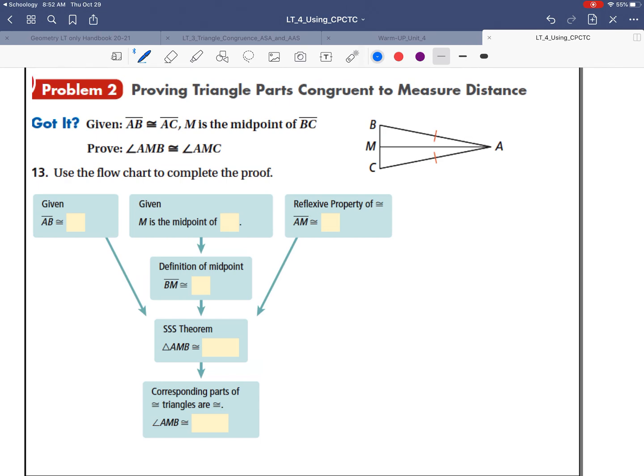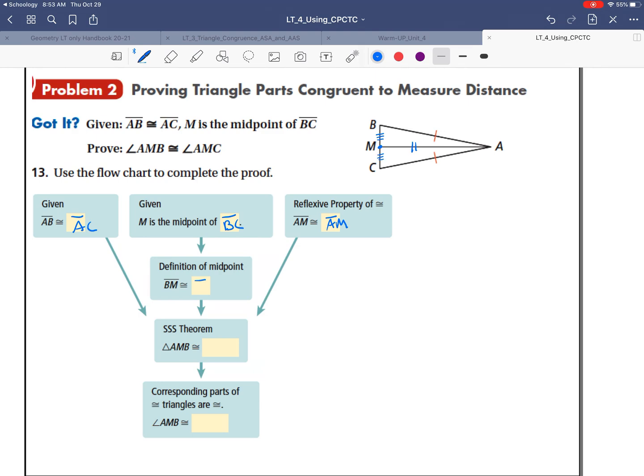So here we've got AB is congruent to AC. M is the midpoint of BC. Prove these two angles congruent. In the given, we've got AB congruent to AC. M is the midpoint of BC. And by the reflexive property, AM is congruent to AM. Now, because M is the midpoint of BC, by definition of midpoint, these two segments are congruent.